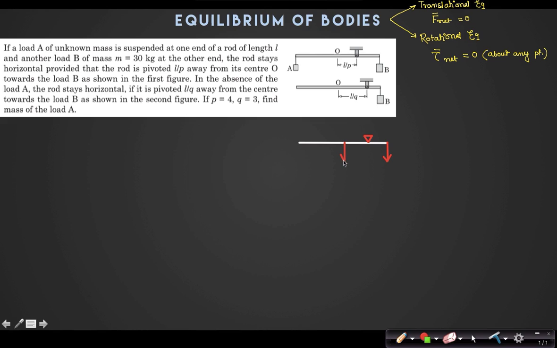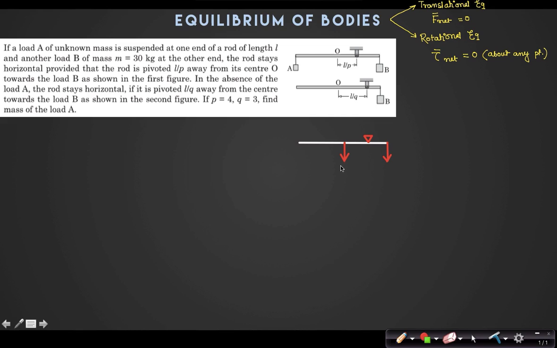The rod has mass. If a rod has no mass, can this torque be balanced about this point? The rod must have a weight so that its torque is balancing the 300 Newton in the second case.